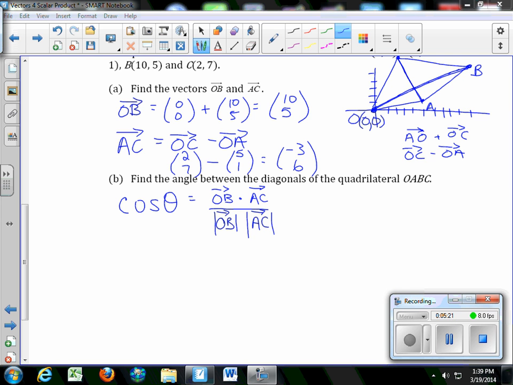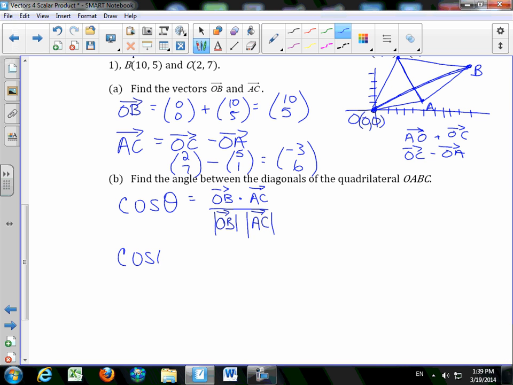So it's going to be cos theta equals the dot product of OB times AC. We have OB equals 10, 5, and AC equals negative 3, 6. So you go 10 times negative 3 gives you negative 30, plus 5 times 6 gives you 30.